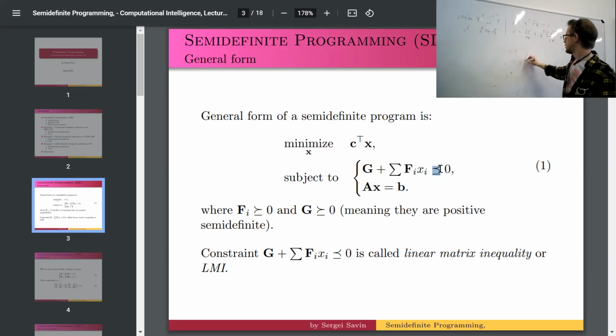So, what does this mean? It means that A is a negative semi-definite matrix. Okay, that's clear, right? Okay, what does this mean? Does it mean that A is more negative semi-definite than B?